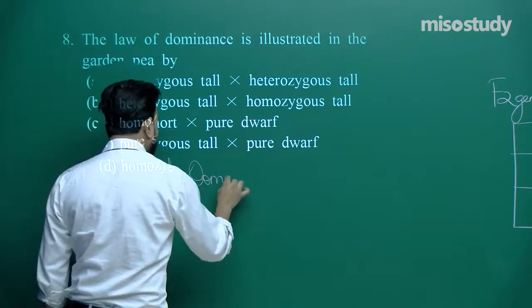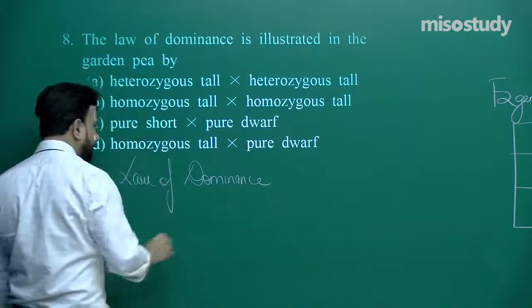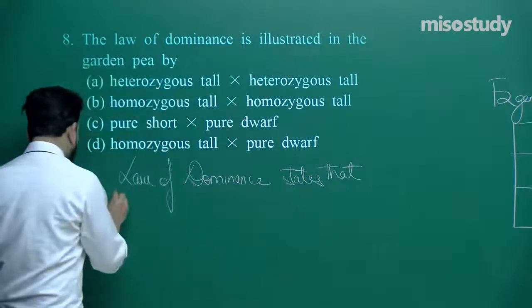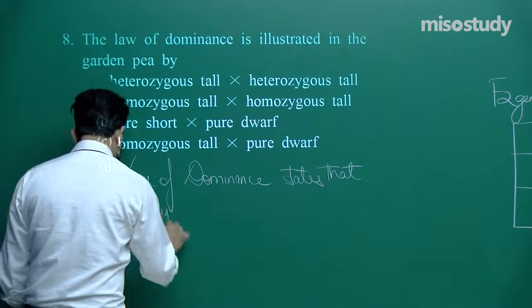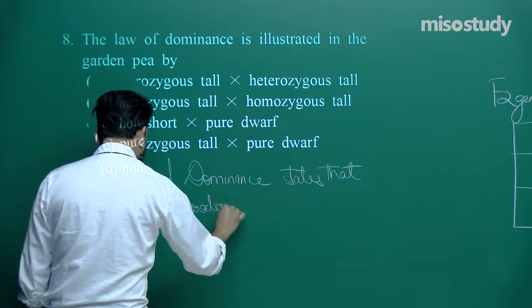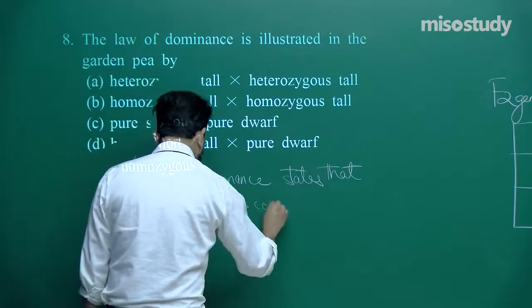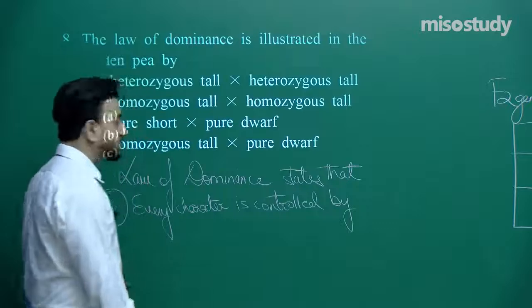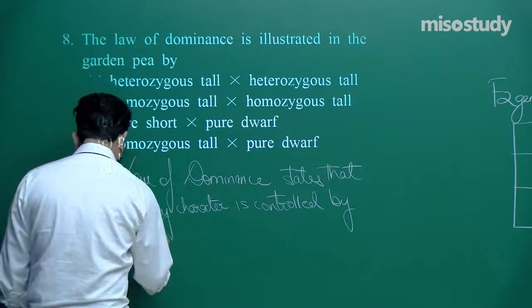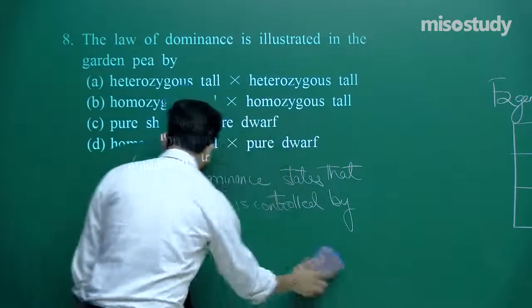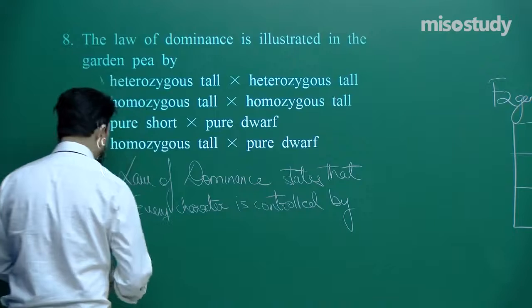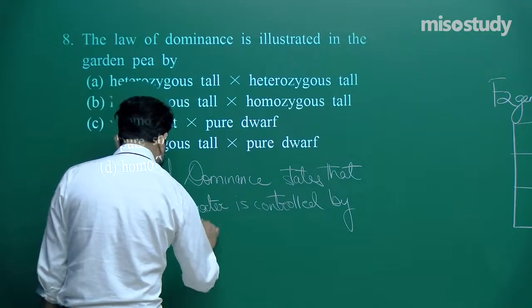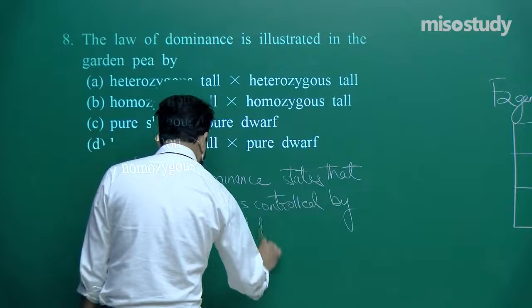The law of dominance states that, number one, every character is controlled by discrete units called factors.